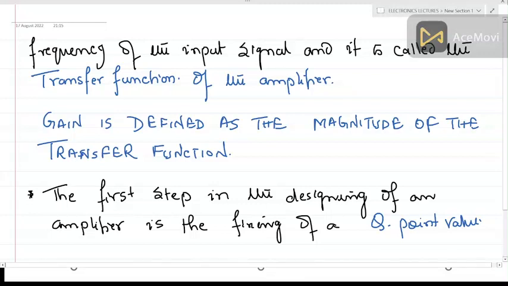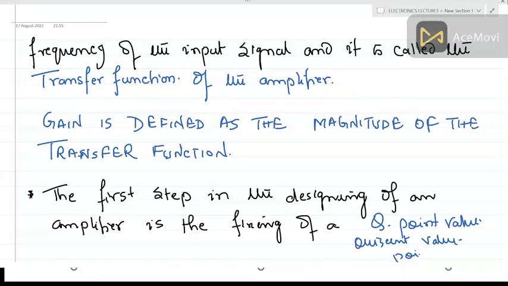So, when we are designing a circuit for amplification using a transistor, it may be NPN transistor or PNP transistor, what are the basic steps that we should follow? The first step in the designing of an amplifier, the most important thing, is the Q point value. Q point means quiescent point. I have told you, you can see the previous lectures.